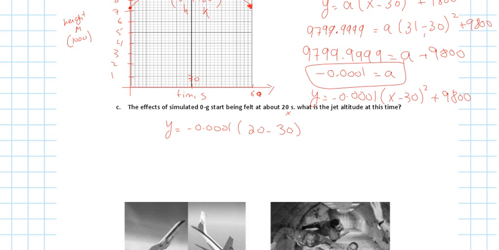Okay? Now what do I do here? What's the first thing I need to do? Solve the bracket. So 20 minus 30, that's negative 10. Okay? And then what's next? Exponent. Negative 10 squared gives me 100. So it's a positive 100.